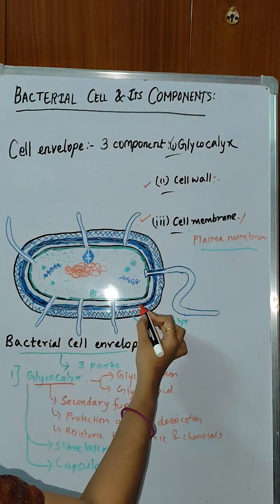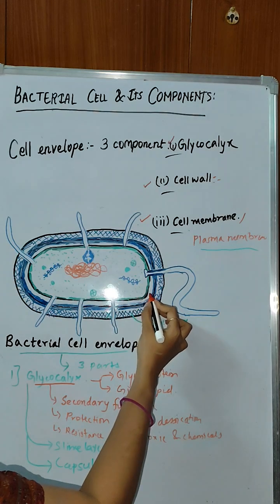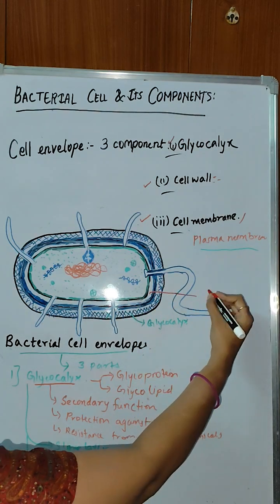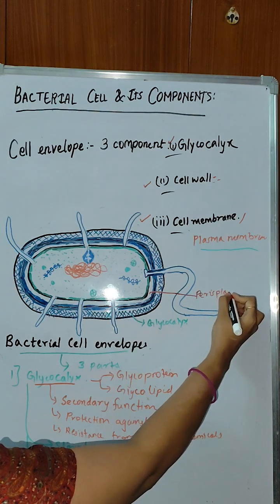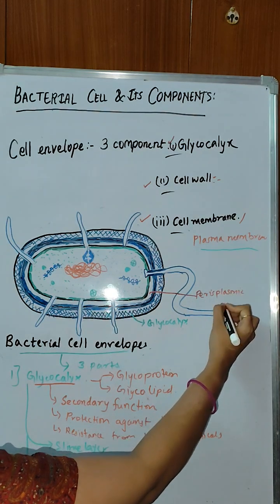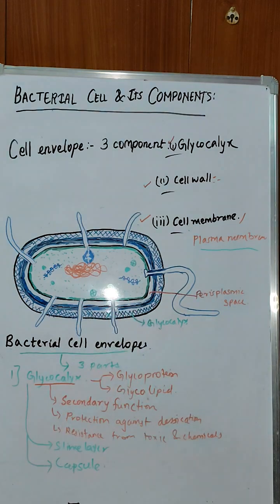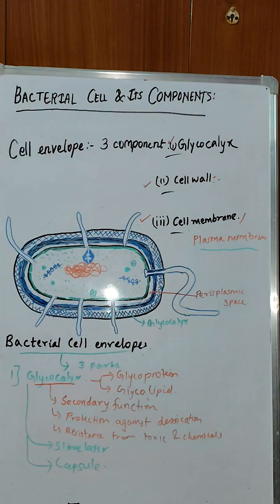There is a gap between the cell wall and the plasma membrane. This gap or space is known as periplasmic space. Let me write over here. So this is periplasmic space. The space between the cell wall and plasma membrane is known as periplasmic space.